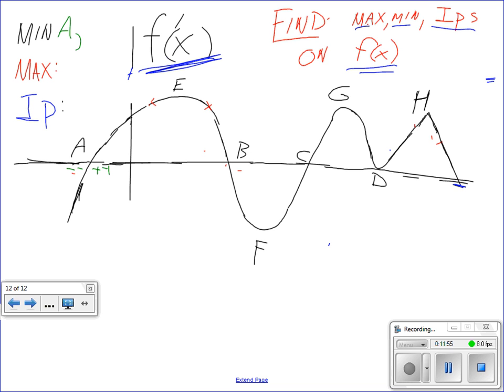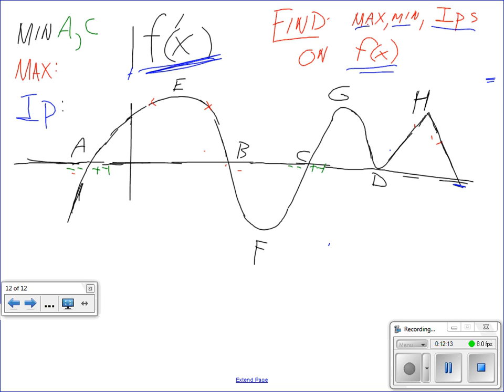C, negative to positive, C is a min. How about D? Well, D does not change signs. It goes from positive to 0 to positive. So that's not the case, so my mins are A and C.